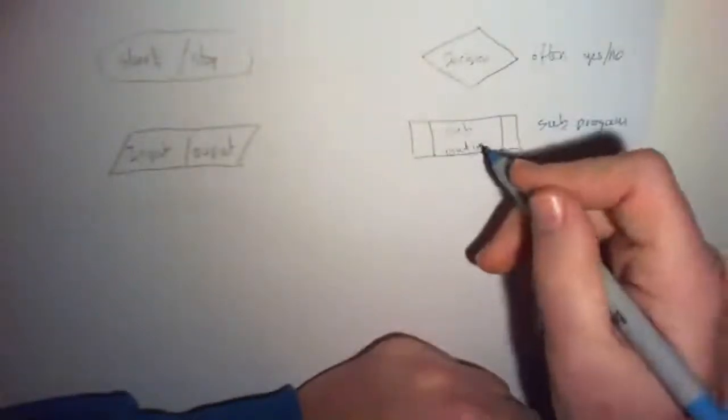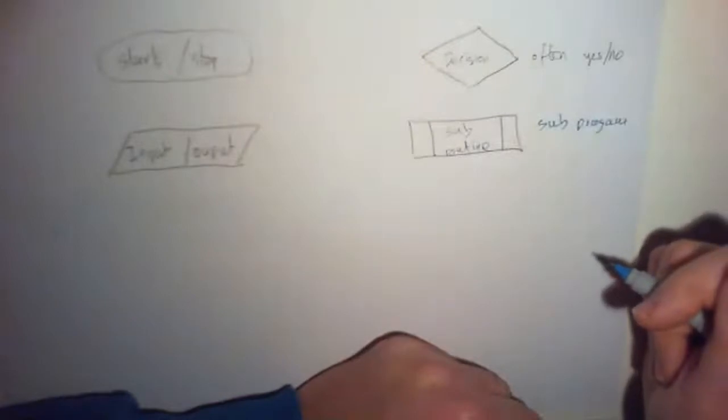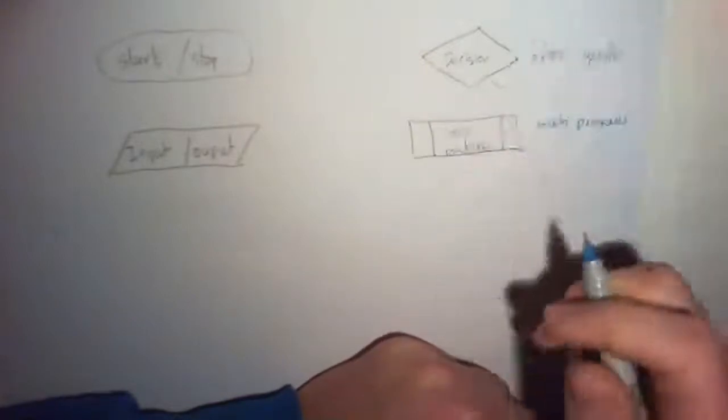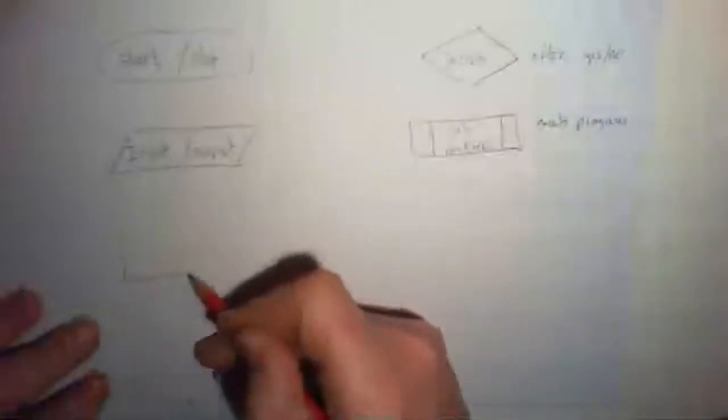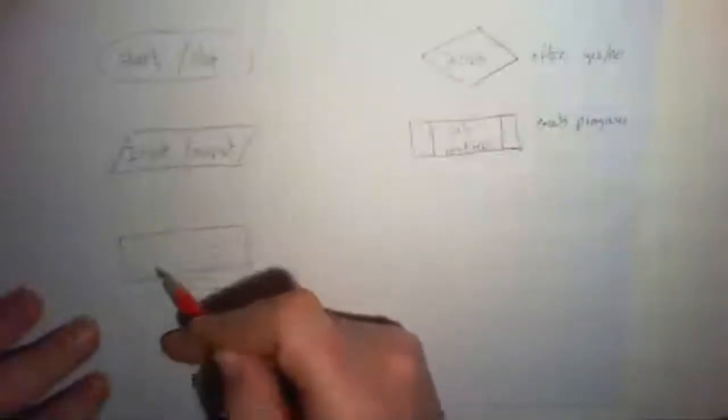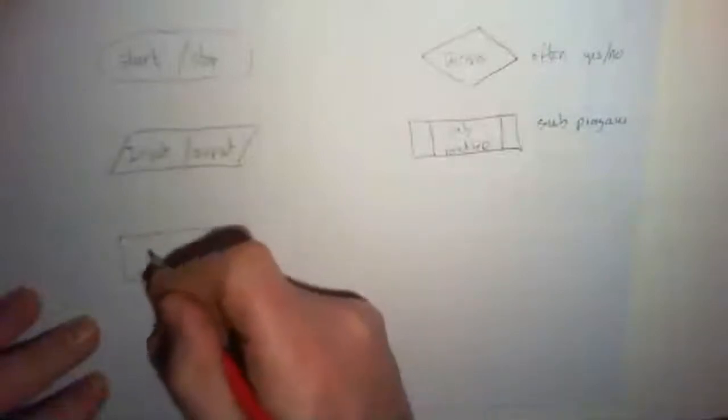Where you'll see that in Python is a function. Remember our functions. Functions would be like a subroutine. It's another program that's built into a bigger program. It can be called and executed very quickly, it's efficient, and it can be reused. Okay, and a rectangle without the inner rectangle is called a process.